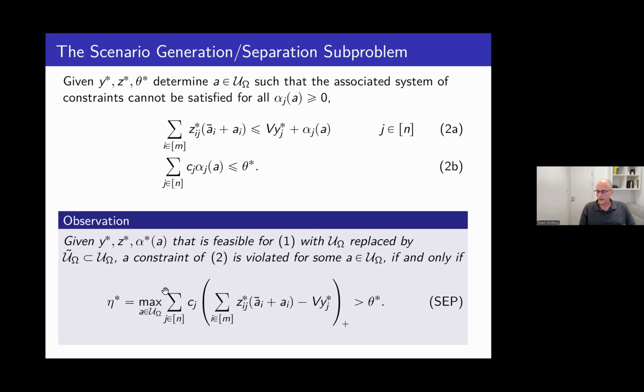And if we find that optimal value eta star exceeds the current theta star, then we have managed to find the violating pair of constraints. Okay, so that's the subproblem that we need to solve.